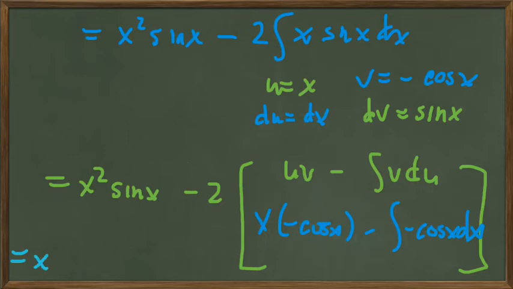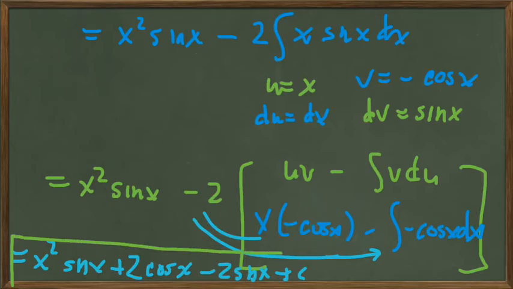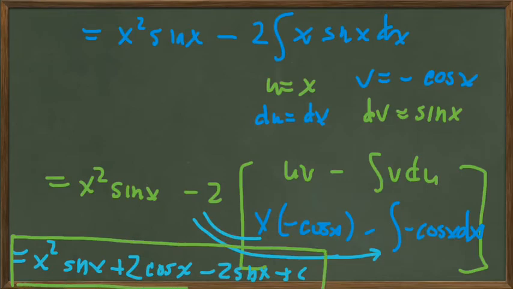The x squared sine x stays the same. We distribute this minus 2 across, and we get 2x cosine x, and we distribute the minus 2 across here, which is going to give us minus 2 sine x plus c. So here is our answer for this problem.